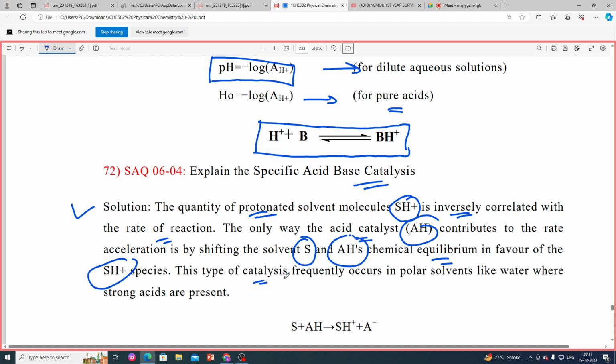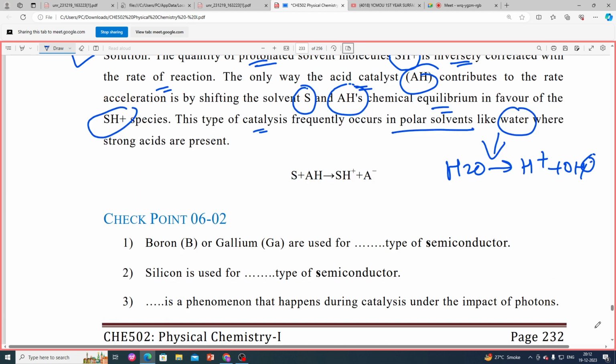This type of catalysis frequently occurs in a polar solvent like water, where a strong acid is present. वाटर को हम लोग पोलर सॉल्वेंट बोलते हैं बिकॉज इट कैन बी जैसा H प्लस और OH माइनस डिवाइड हो जाता है. Here S plus AH is equal to SH plus A minus. These are the given answers.